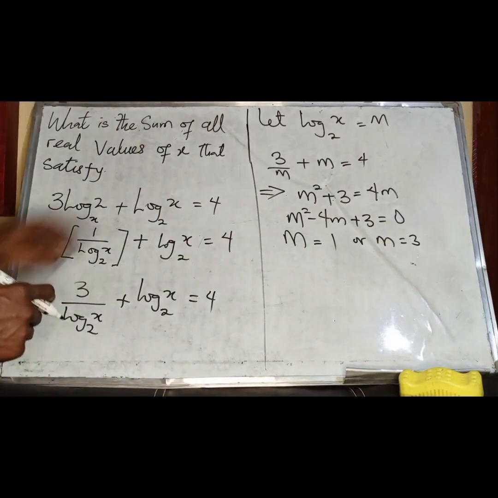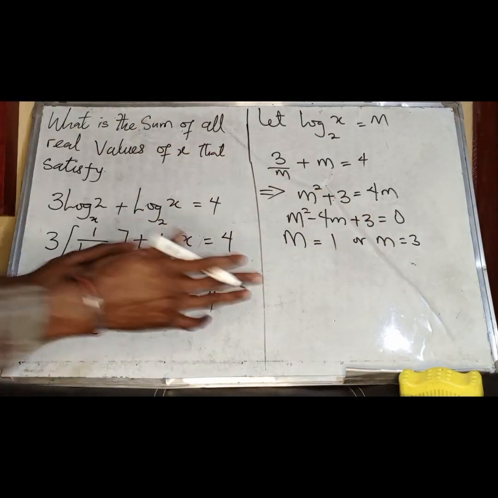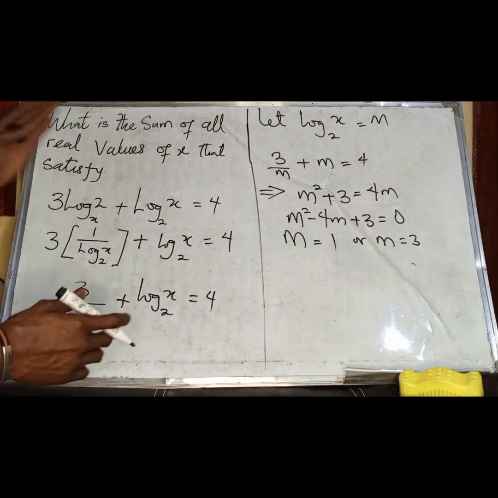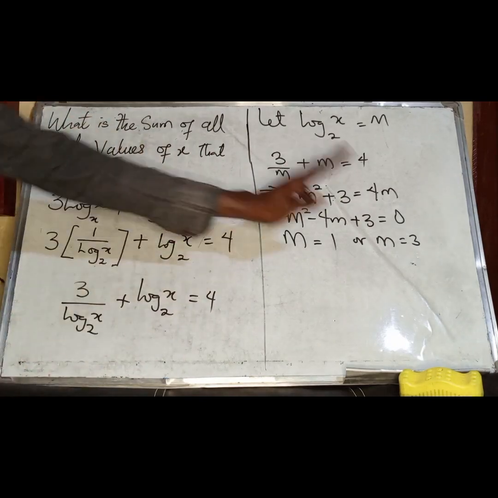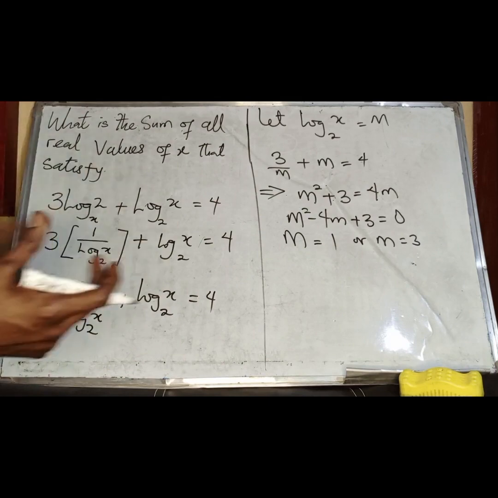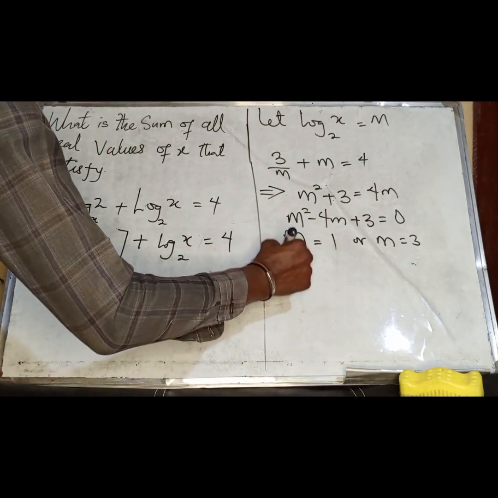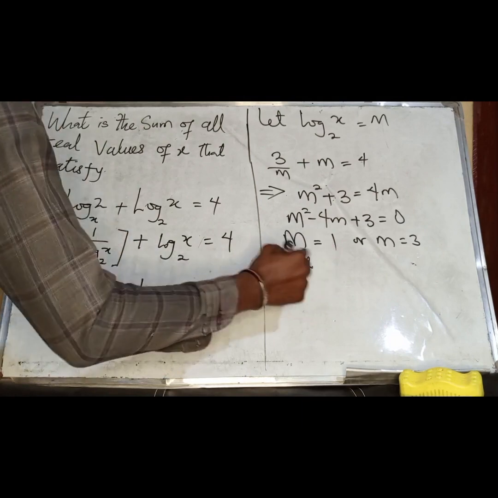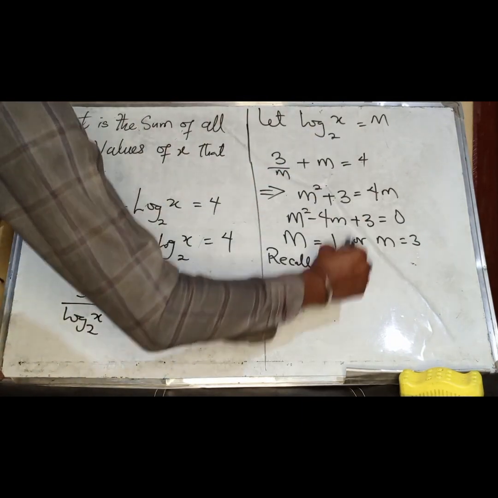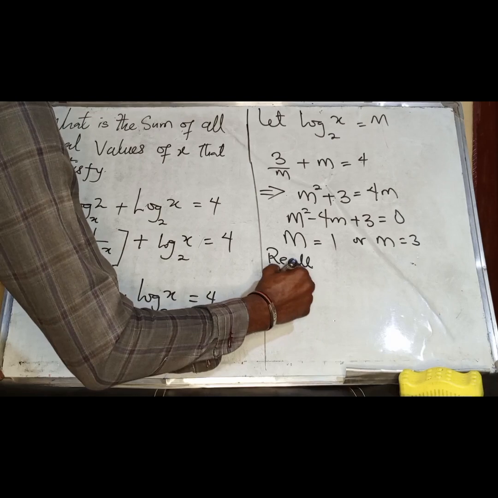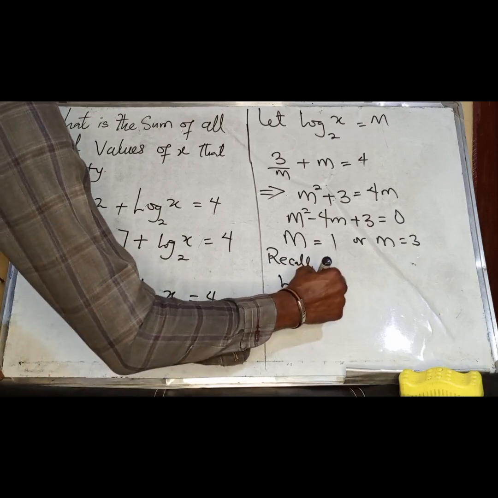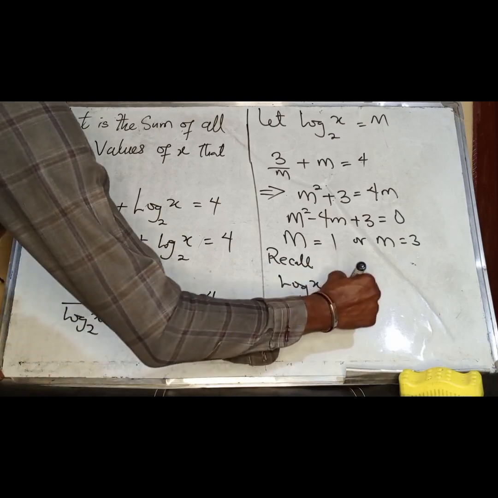Having gotten m equals 1 and m equals 3, remember the question says find the value of x which satisfies this equation. We are not asked to look for the value of m, rather we are asked to obtain the value of x. Recall that we stated earlier, let log x to the base of 2 be equal to m.